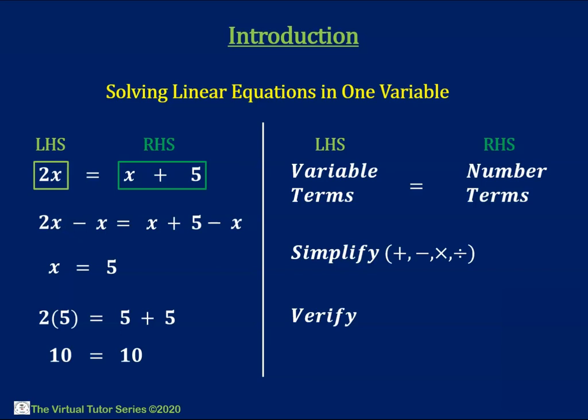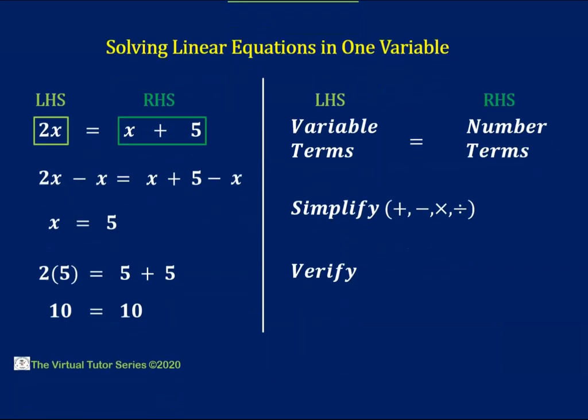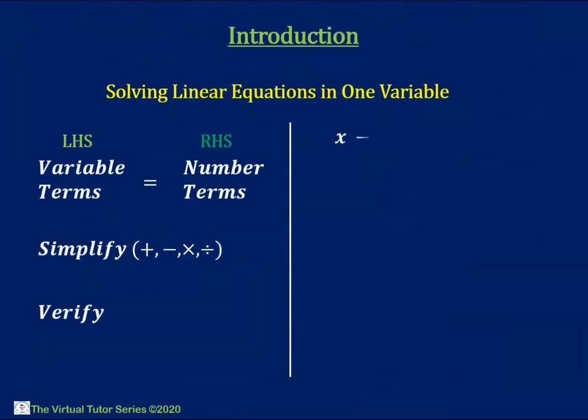Now, let's try to find the solution of the equation x minus 4 is equal to 0. To be able to get x to stand alone, we need to get rid of negative 4 by adding 4 to both sides of the equation.